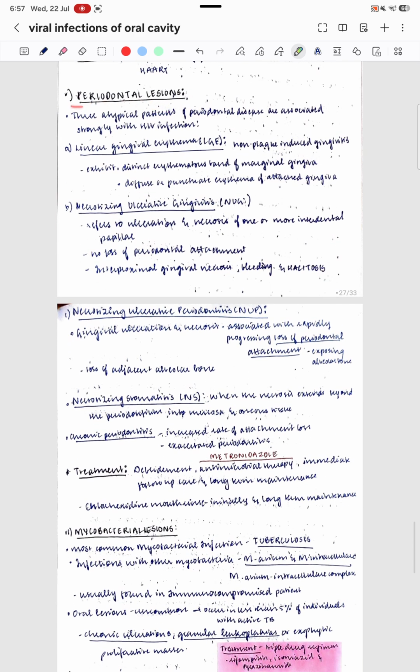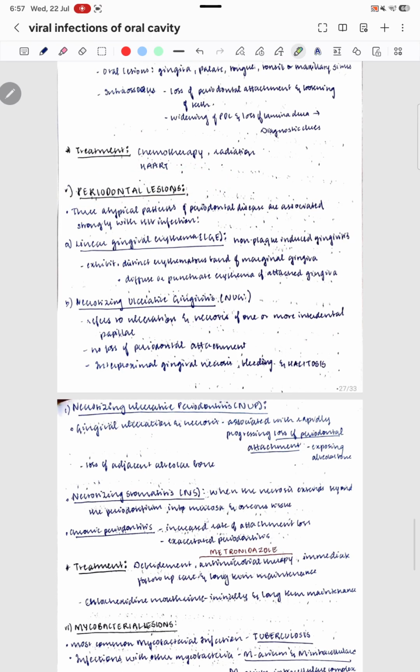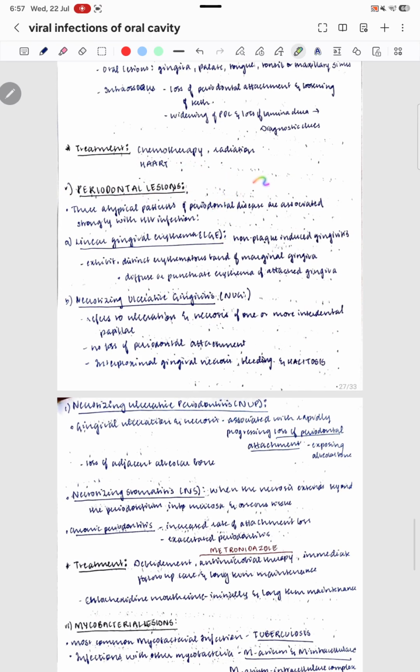Then periodontal lesions of HIV or AIDS are atypical patterns; they are periodontal diseases associated with HIV infection. Linear gingival erythema is non-plaque induced gingivitis, exhibiting distinct erythematous bands of the marginal gingiva, and diffuse or punctate erythema of the attached gingiva.